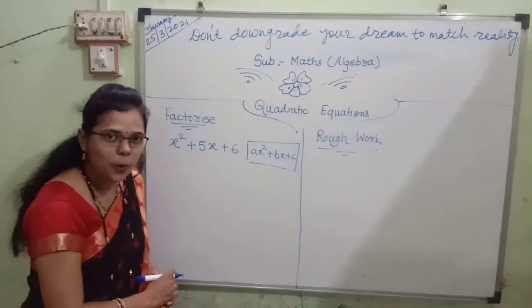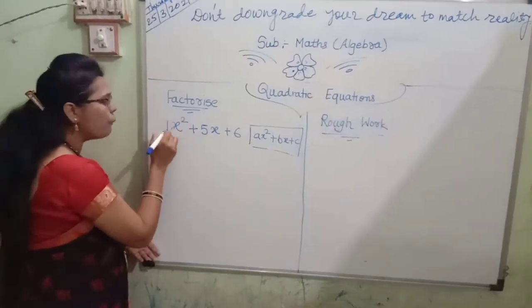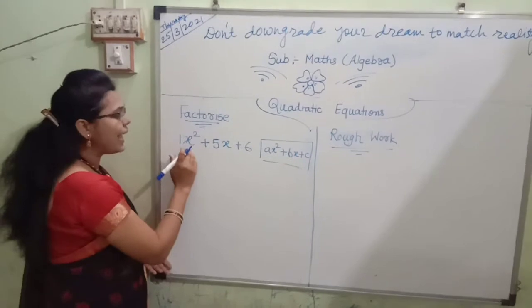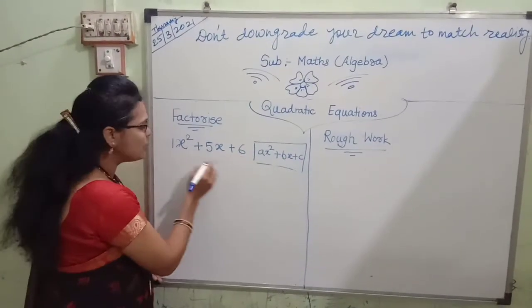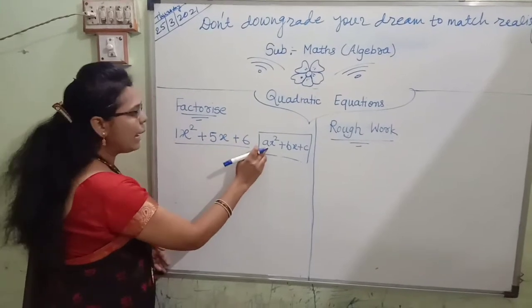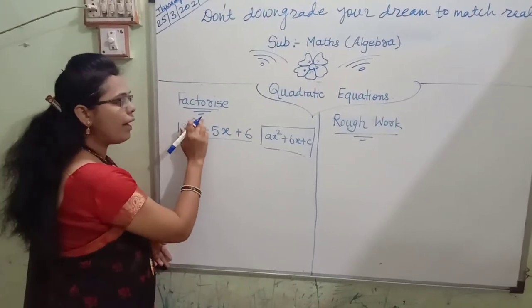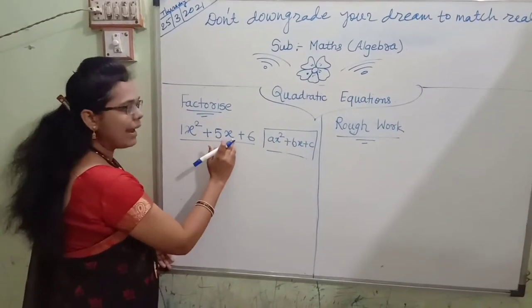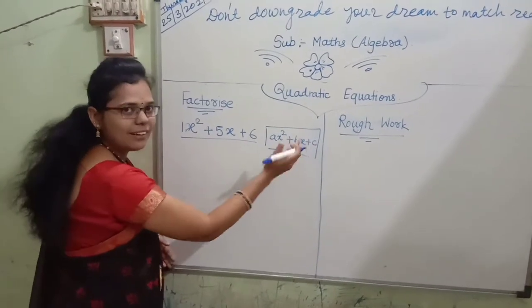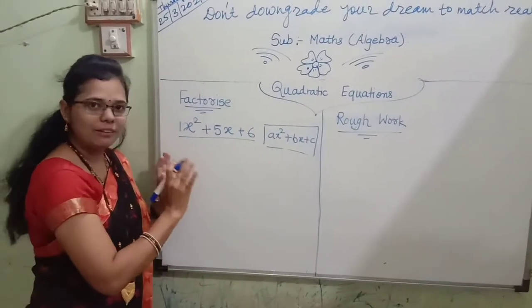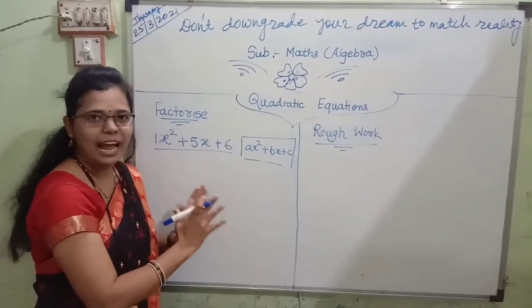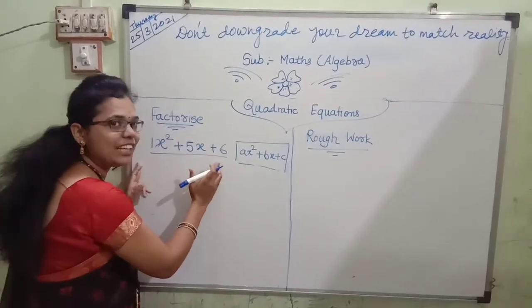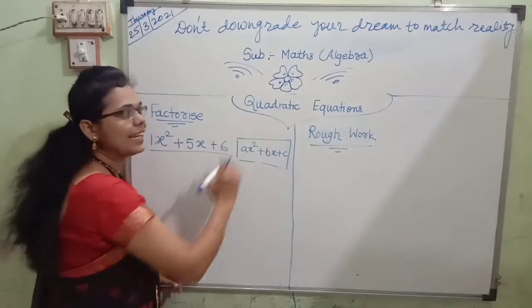It means 1x square plus 5x plus 6. So my dear children, A means 1, B means 5, and C is the third number. All the pattern is fulfilled, and because of that this equation is known as a quadratic equation.